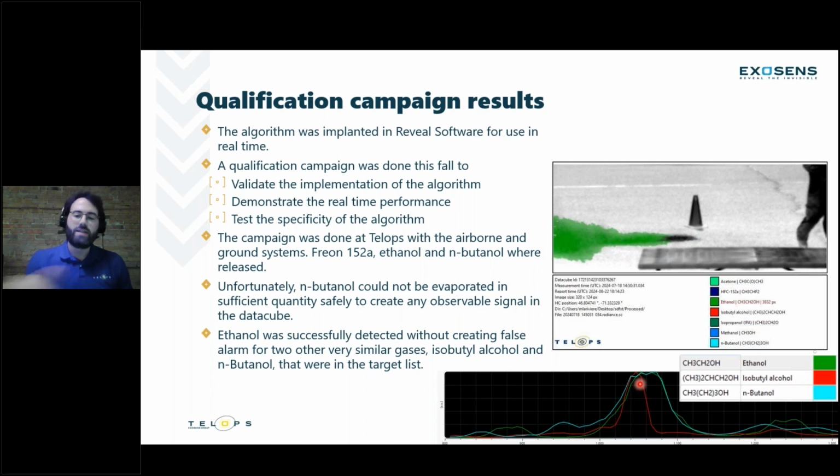There are peaks that are very, very similar, and it would be understandable for a, let's say, less performant algorithm to get false alarms with those.